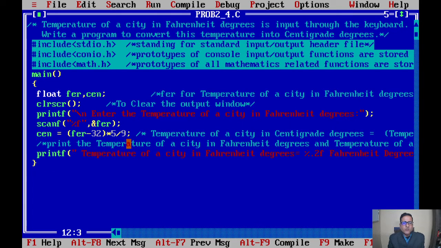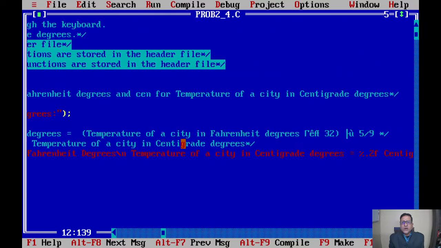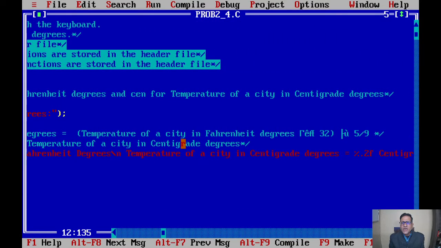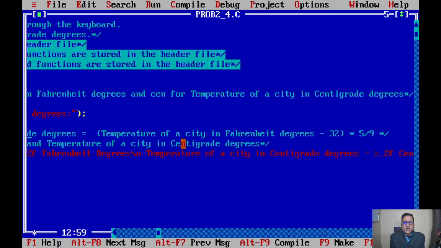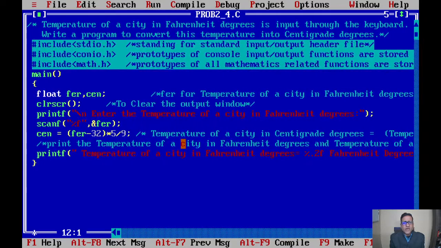Next is the formula which I discussed, that centigrade degree is equal to the temperature in the Fahrenheit multiplied with the 32 subtraction, it will be subtraction, and here you will use the sign of multiplication of 5 and after that division. So this is the formula.